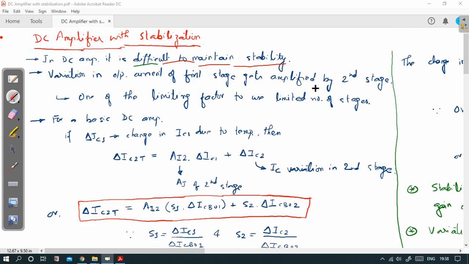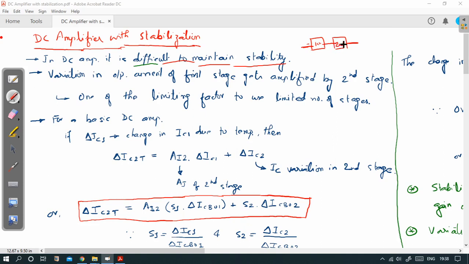If we have multiple stages, let's say this is the first stage and this is the second stage, with input and output like this, we know that the output of first stage is connected to the input of second stage, right? So any signal that's coming from the output of first stage will get amplified by the second stage, be it signal or noise, anything.